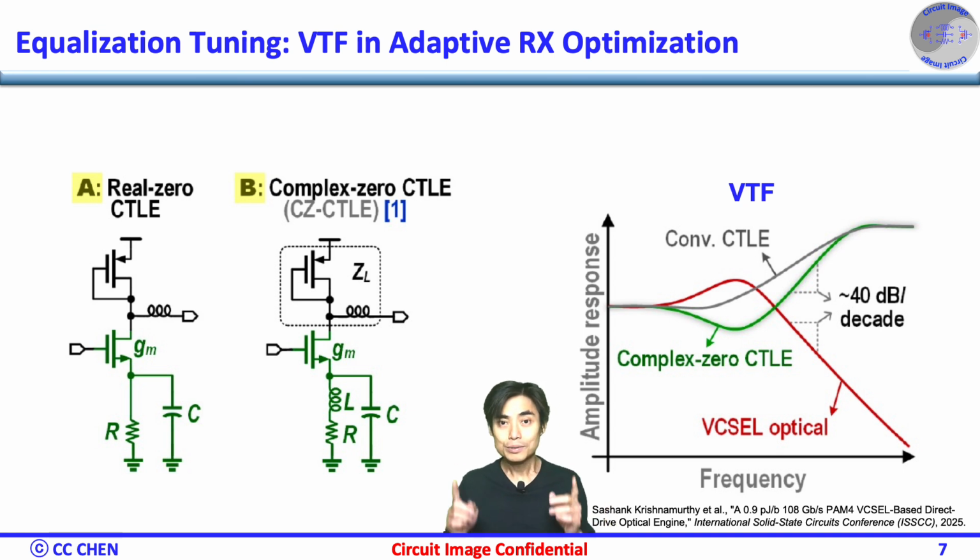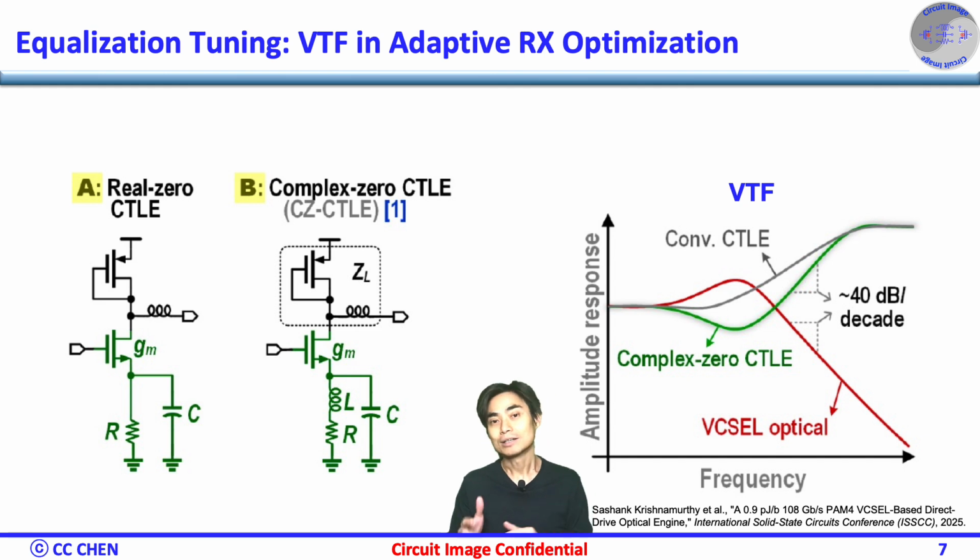The resulting improvement in signal-to-noise ratio led to a 20% increase in receiver sensitivity, demonstrating VTF's advantage in equalization tuning over power-based loss metrics.